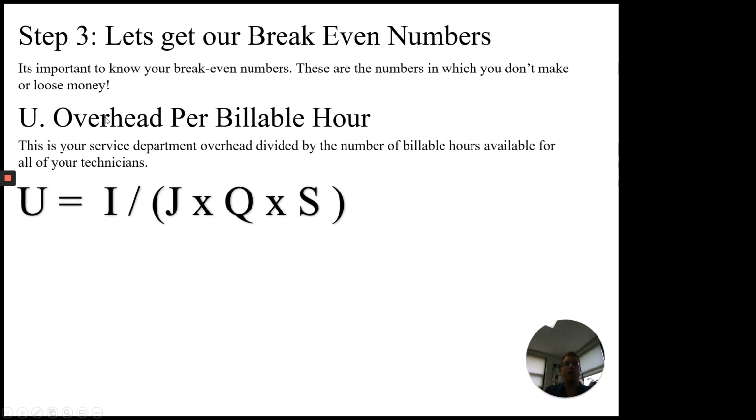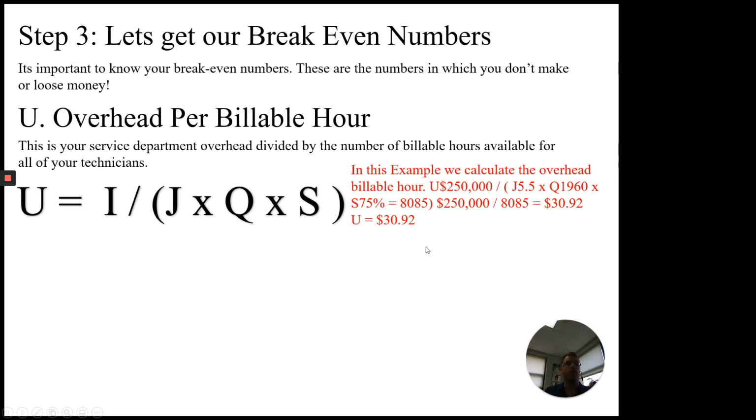So the formula is I divided by J times Q times S. So go back to your sheet, look at what you put for J, Q, and S, and that's how you're going to get U. So in my example, it's 250,000, divided by 5.5, which is the J, how many guys we had in that year, times the man hours, which is 1960, times 75% of the time, which is the S, equals 80.85.